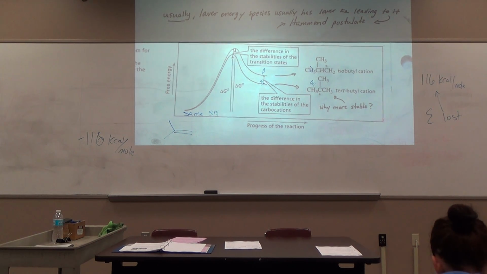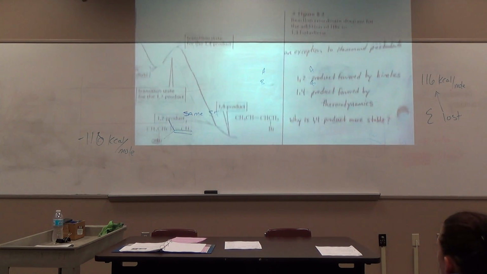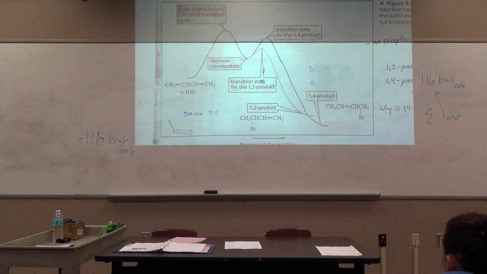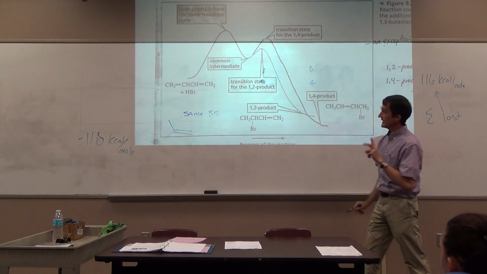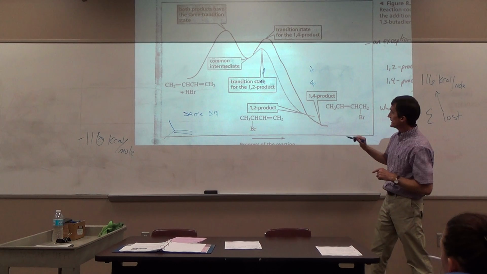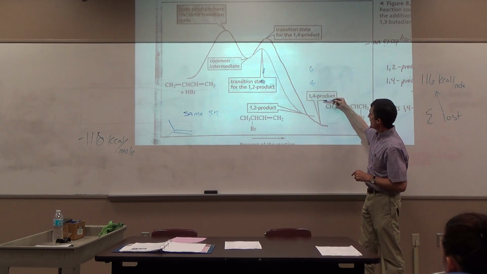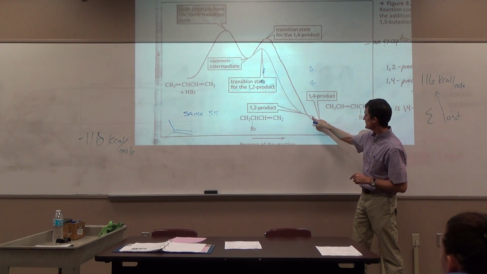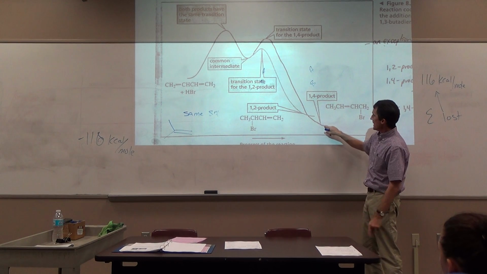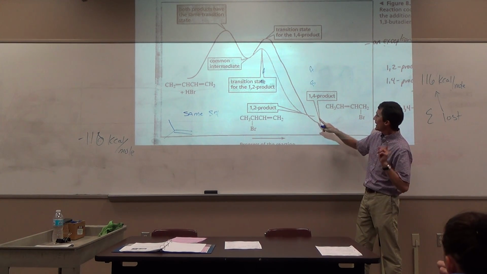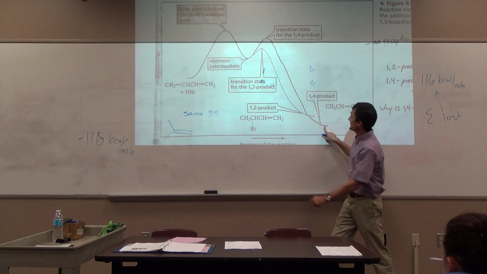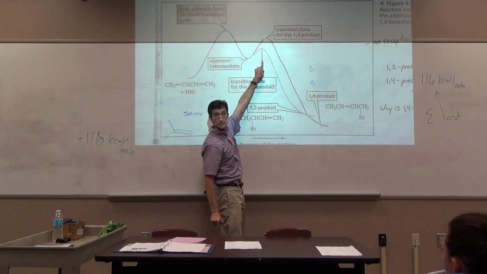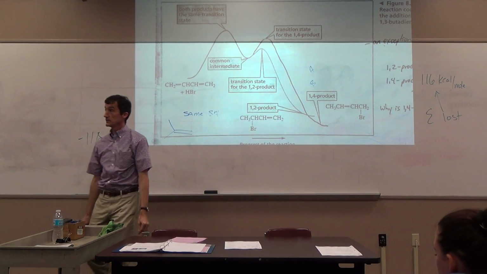Now that's not always the case. That assumption is not always the case. Down here we have an exception to the assumption. In this, which we look at during test 3, this exact reaction, we get two products, a 1,2 product and a 1,4. The 1,4 is lower in energy. Now it's lower than the 1,2. Now, our assumption is because that's lower energy, the transition state leading to it should be lower. But is that correct in this case? No, it's not. Our assumption fails.